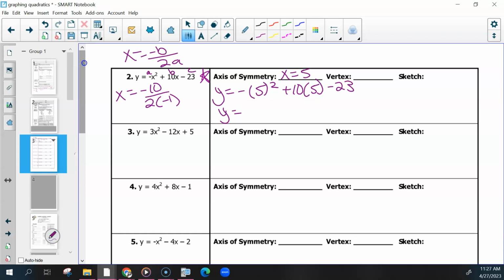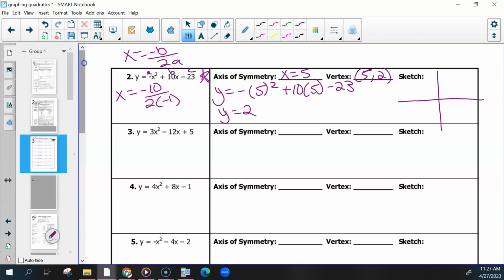Find that y value so we don't forget. So your vertex should be 5, 2.